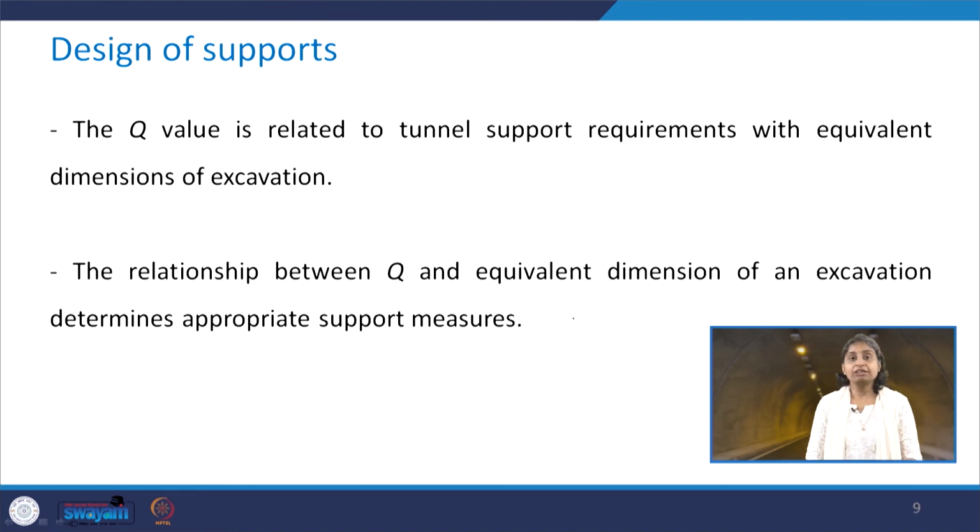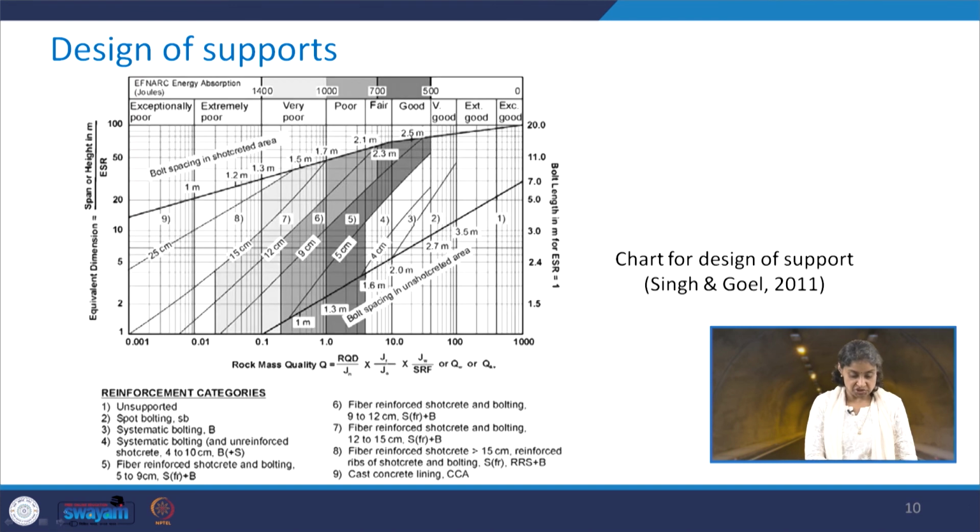Coming to the design of supports, the Q system is related to the tunnel support requirements with reference to the equivalent dimensions of the excavation that we have seen earlier. The relationship between Q and the equivalent dimension determines the appropriate support measure.